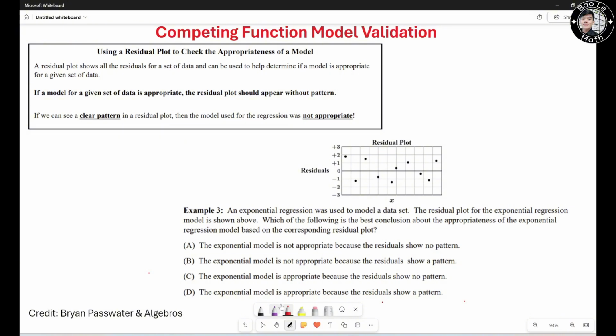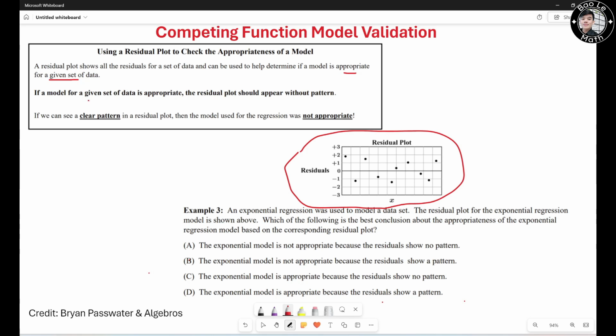Alright, so let's move on to the next concept. Using a residual plot to check if the model is appropriate. Alright, so this is a residual plot. A residual plot shows all the residuals for a set of data and can be used to help determine if a model is appropriate for a given dataset.